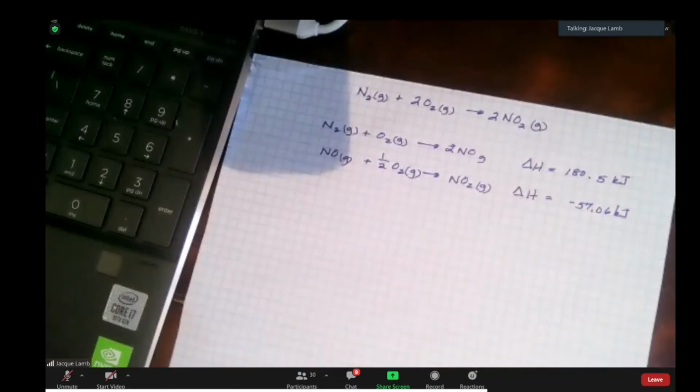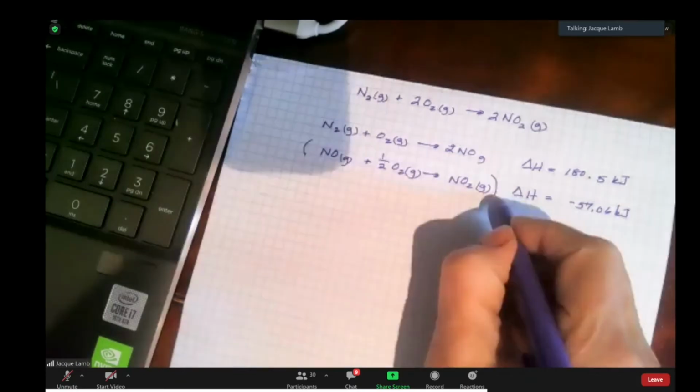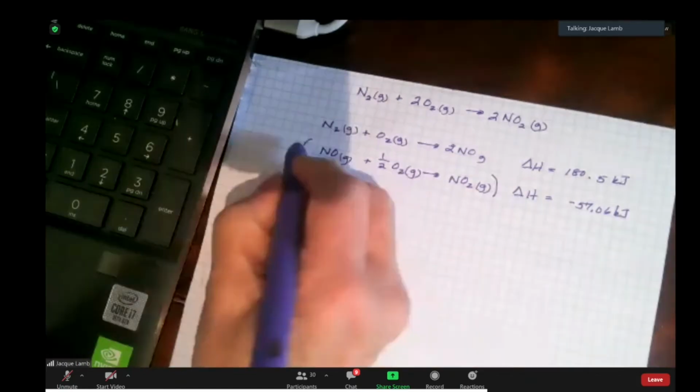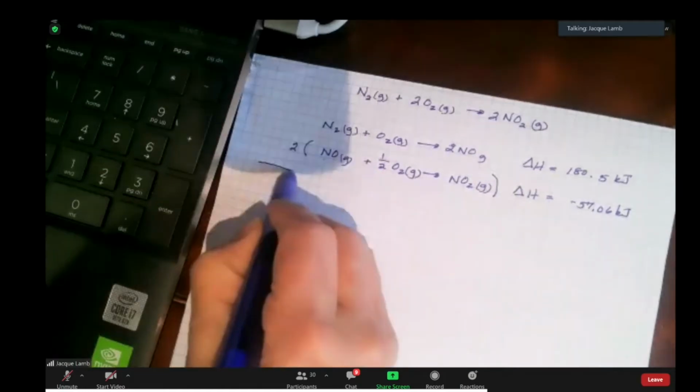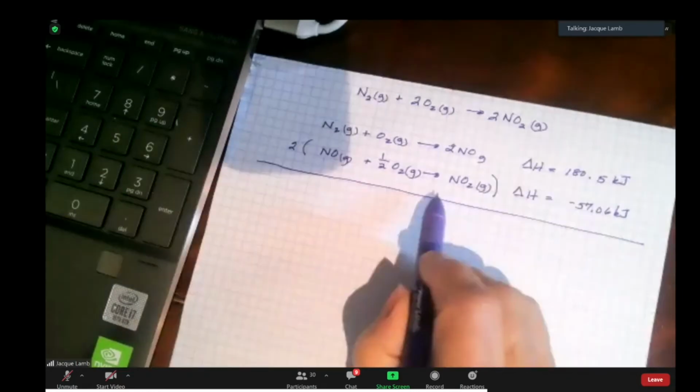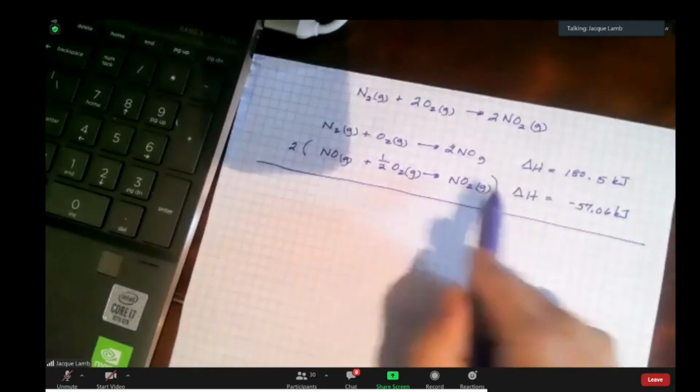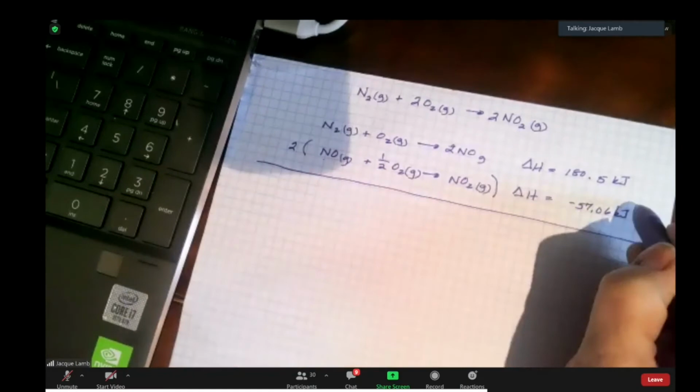So if we multiply this reaction times 2, we'll get 2NO, and that can cancel, and we'll get 2NO2. So let's do that and add those together. Remember that if we multiply this reaction by 2, we also have to multiply delta H by 2.